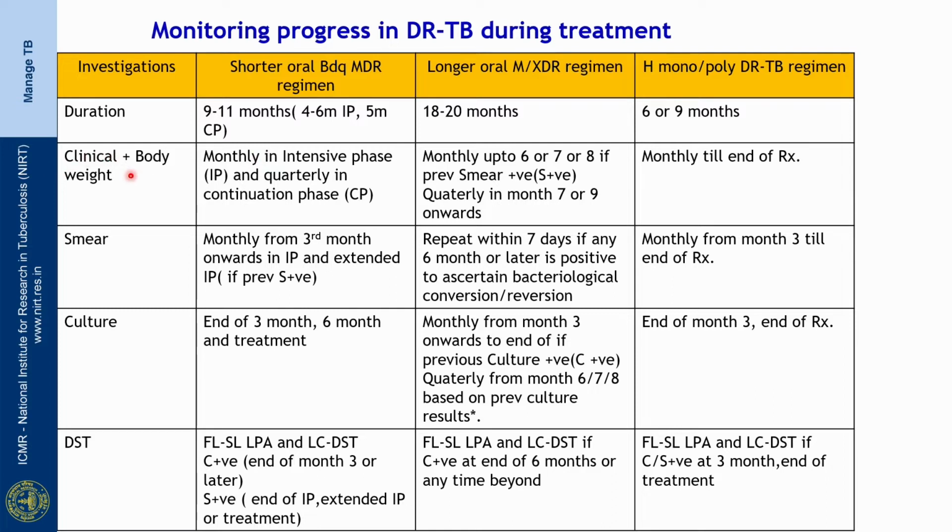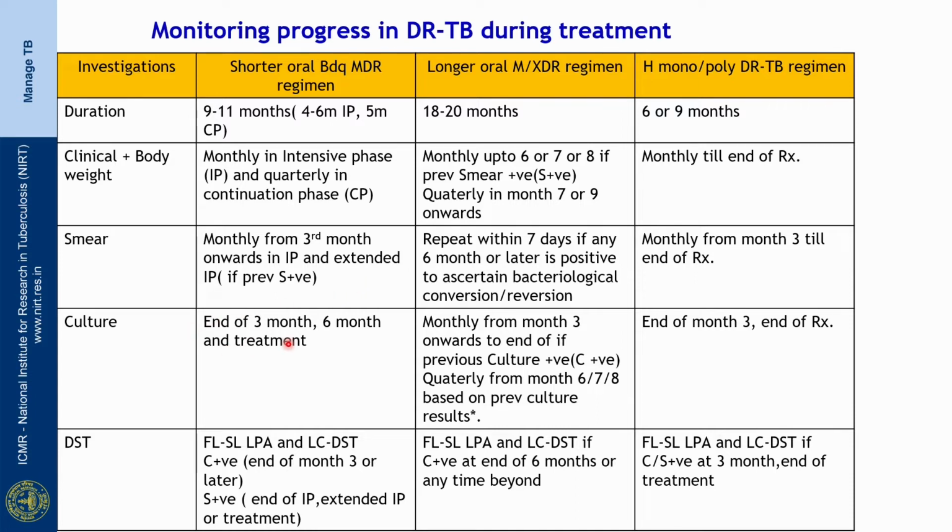Here the clinical and weight monitoring will be done monthly in the intensive phase, followed by quarterly in the continuation phase. AFB smear examination will be monthly from the third month onwards in the intensive phase, and the IP is extended if the previous smear is positive.